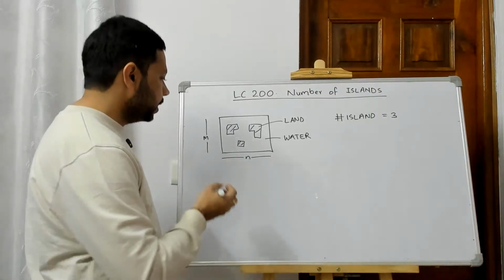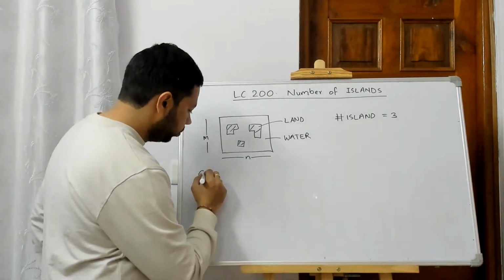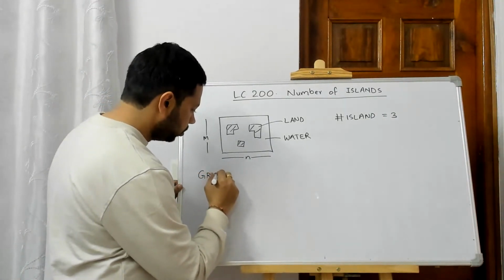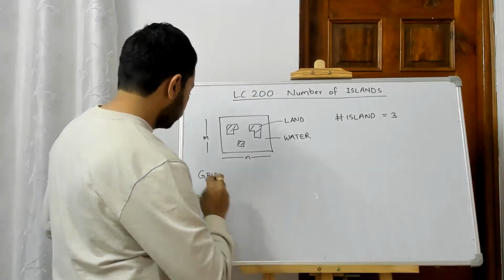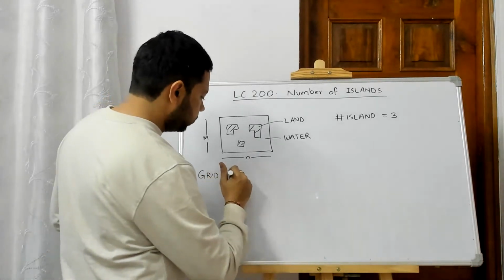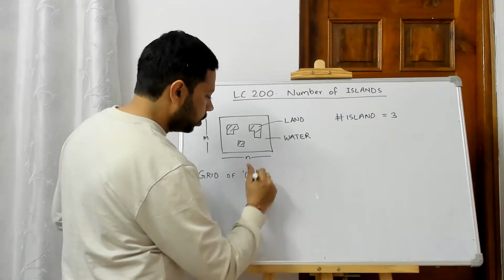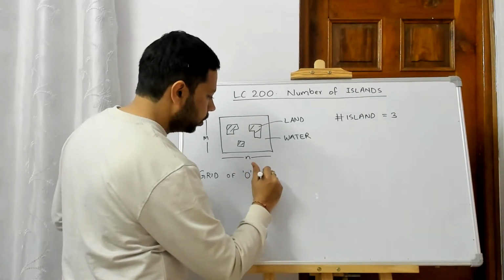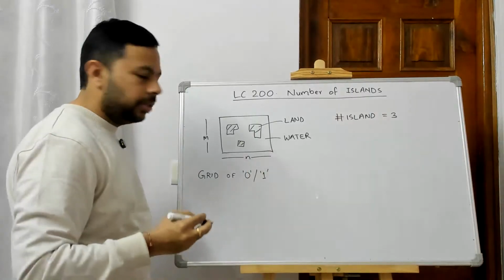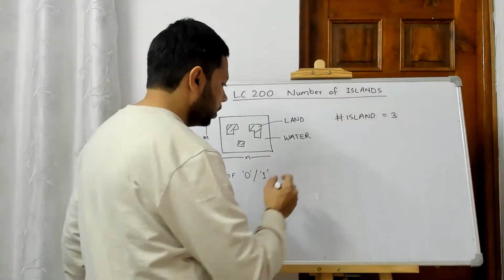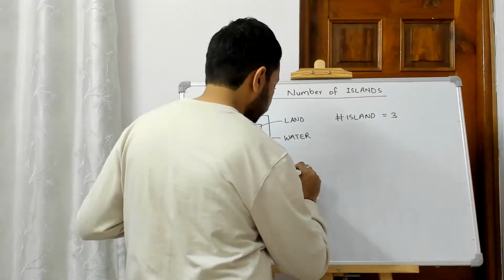The map is represented as a grid of 0s and 1s.